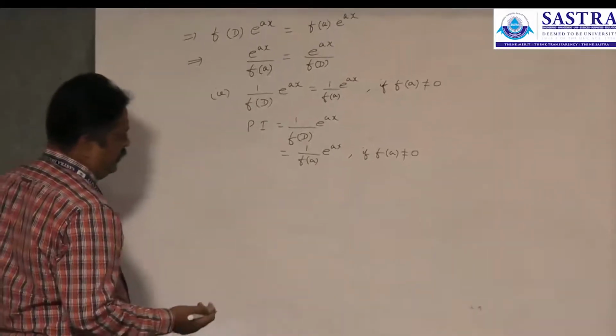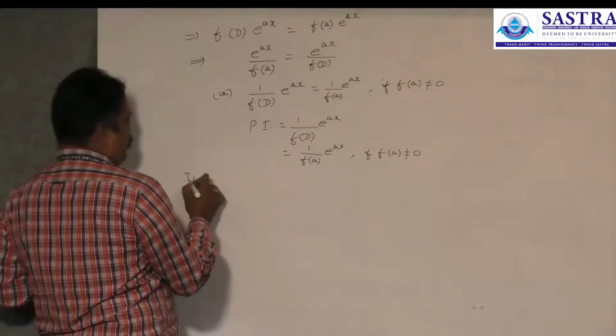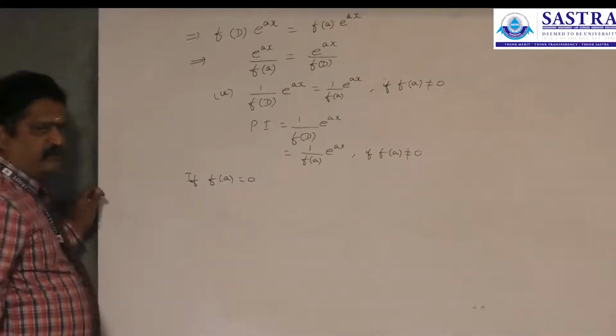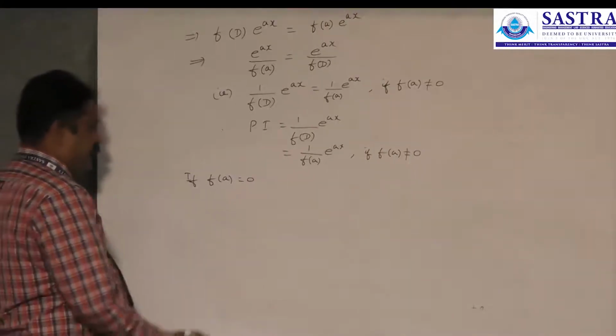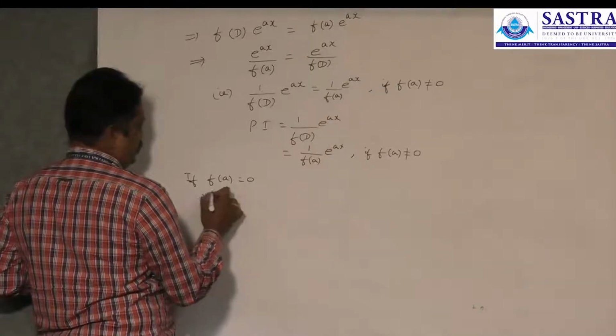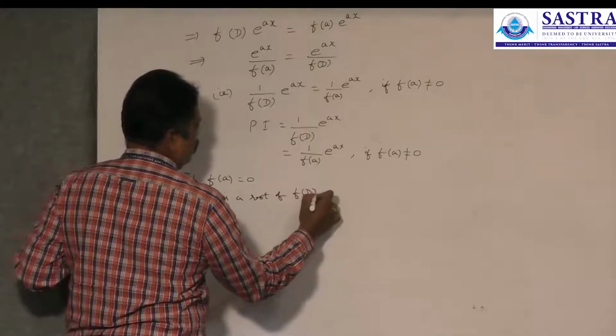In case of failure, in the sense that f(a) is equal to 0, f(a) equal to 0 means a is a root of f(D) equal to 0.